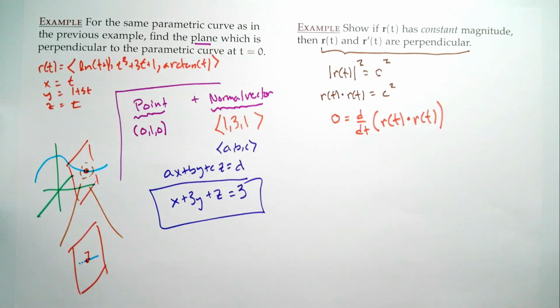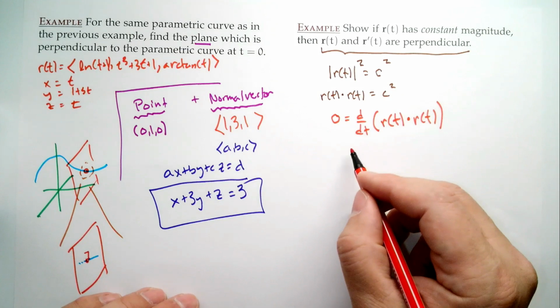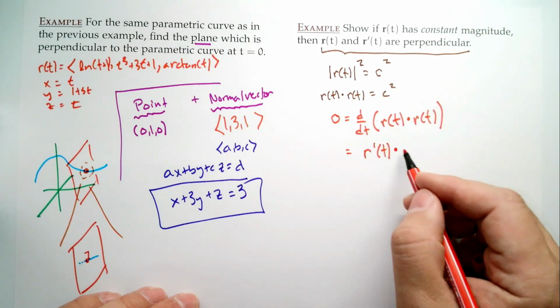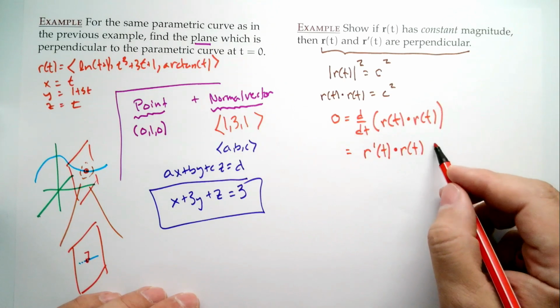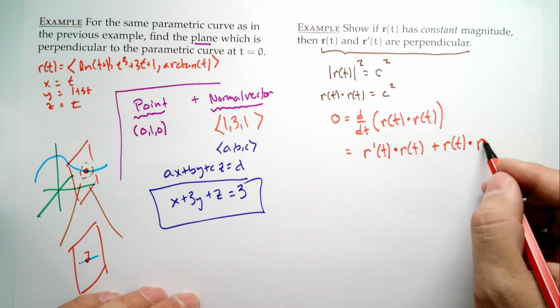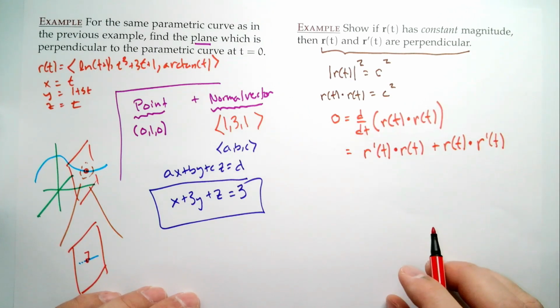Well, this looks like some sort of a product rule. Do we have a product rule for dot product? Yes, we do. So the derivative rule for dot product says, take the derivative of the first, leave the second alone, it's still a dot product, plus the first dot the derivative of the second, r dot r prime of t.